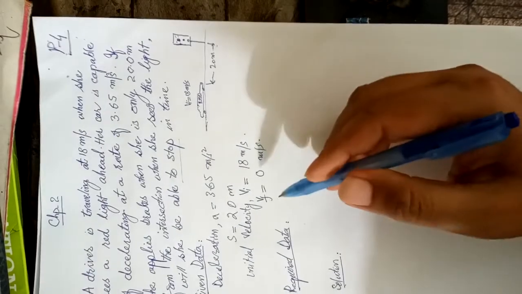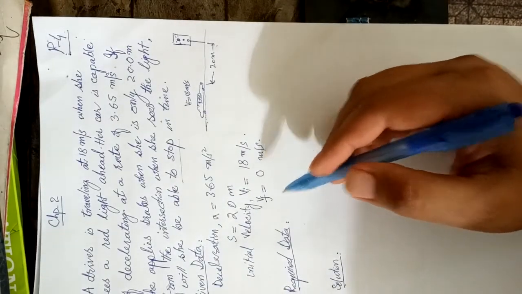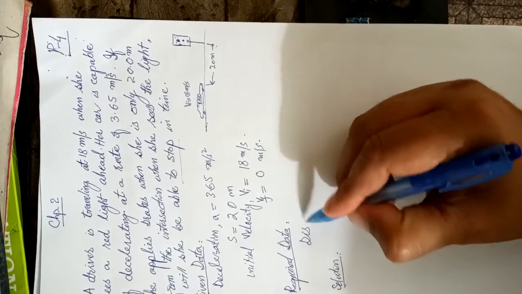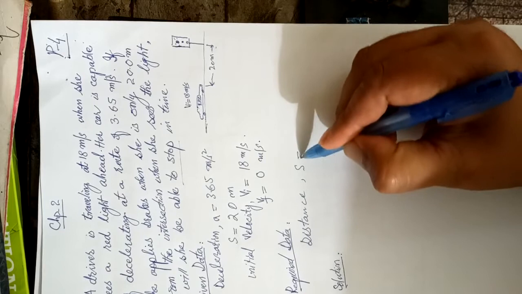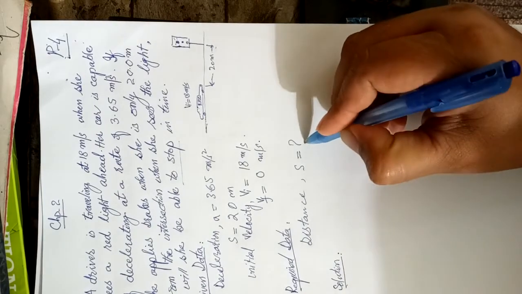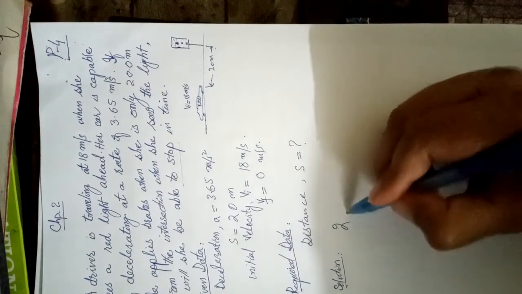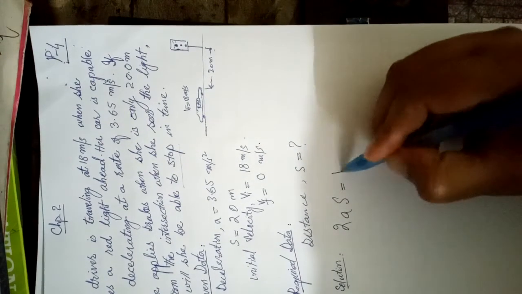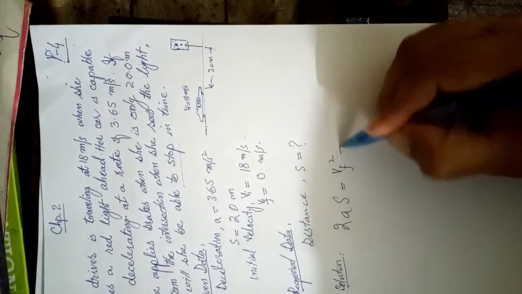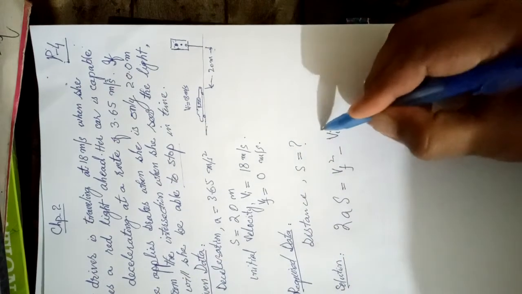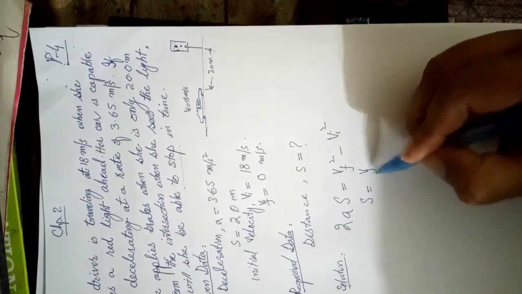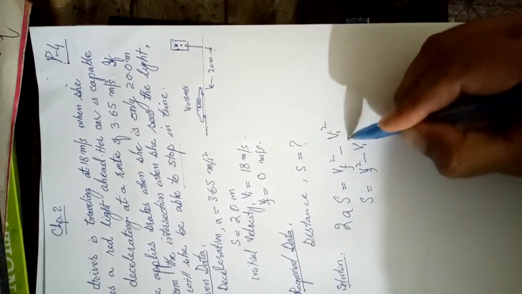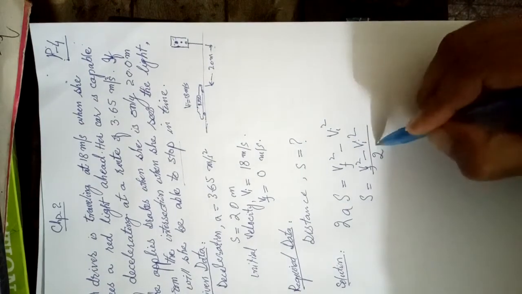So we have to find the distance needed to stop, which is denoted by S. Now from the third equation of motion, we know that 2as is equal to Vf square minus Vi square, or we can write S is equal to Vf square minus Vi square divided by 2a.